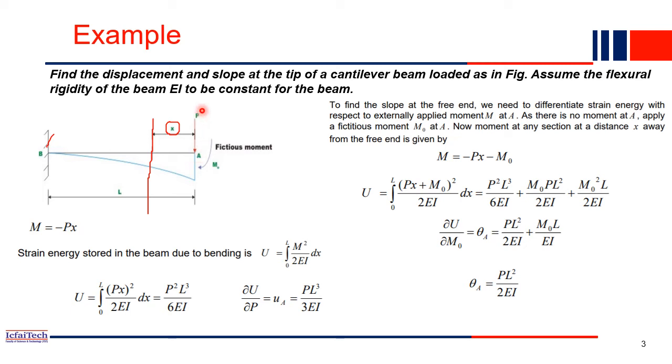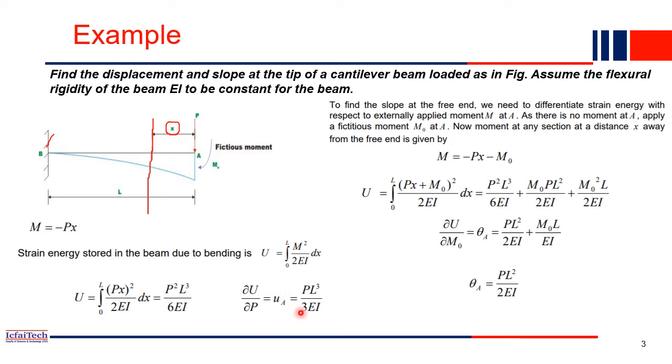The force acting is P. So if you take the derivative with respect to P, what will you get? Here is P squared L cubed by 6EI, so the 2 comes out, and you get simply PL cubed by 3EI, which is nothing but the deflection at A.